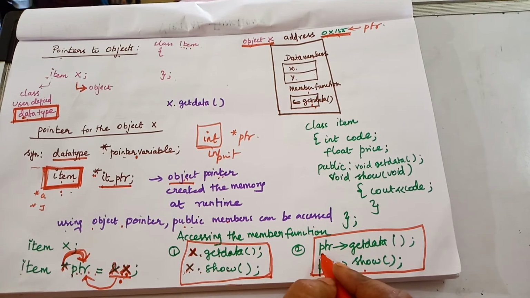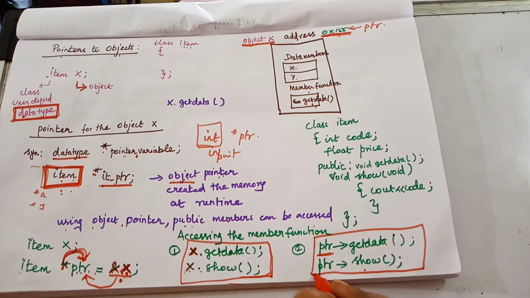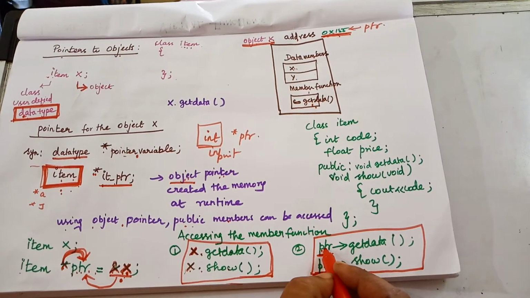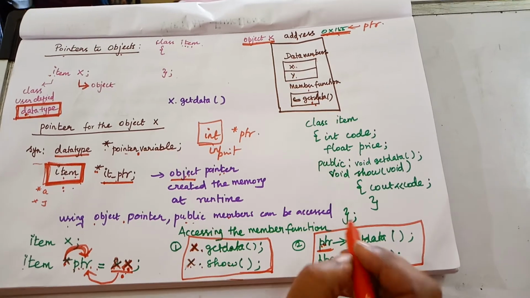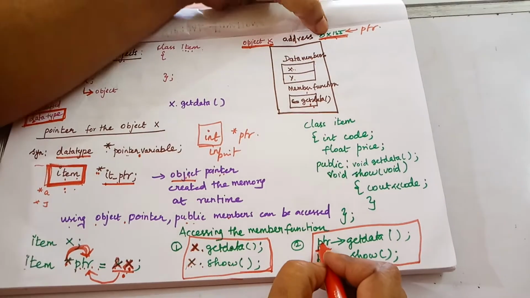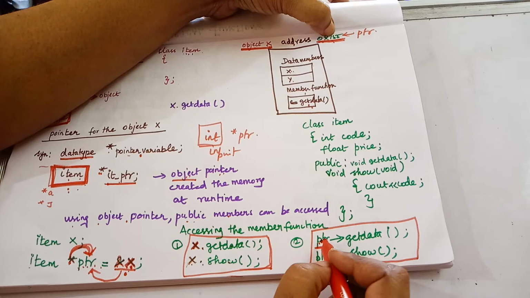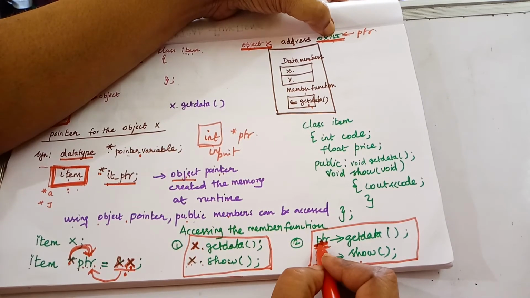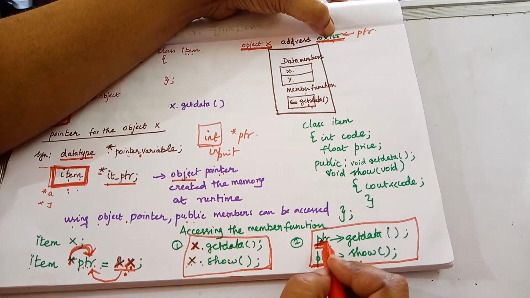That means you are calling through the address. The PTR pointer variable consists of the address of your object, for example 0x155, correct?